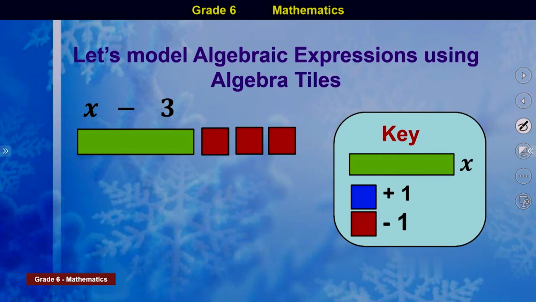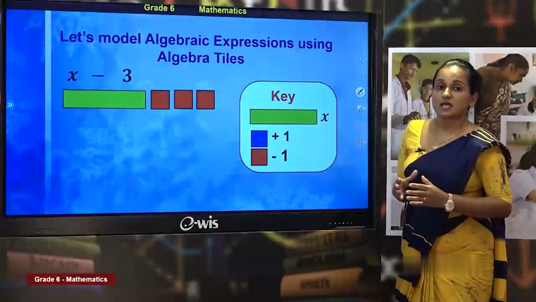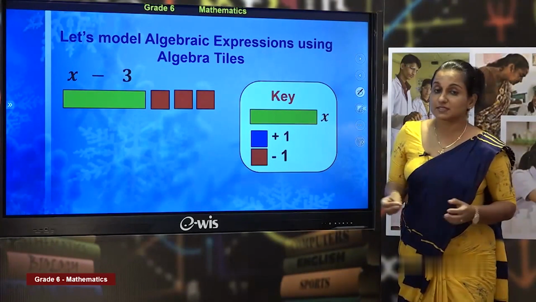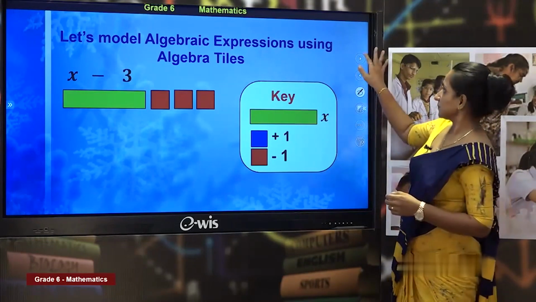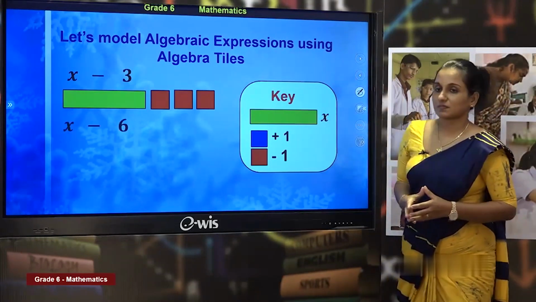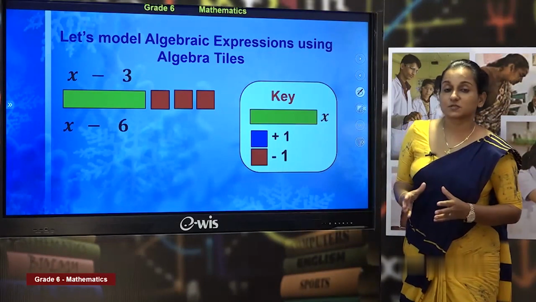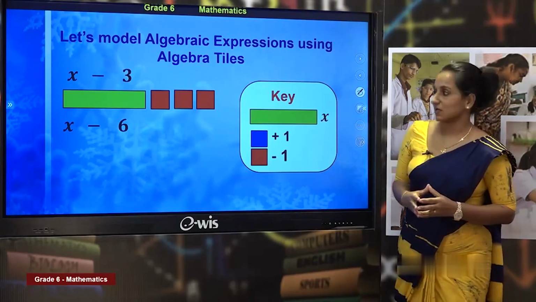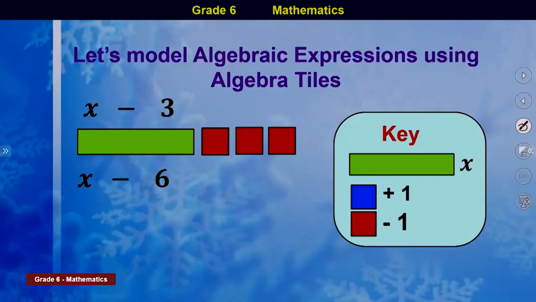Now see whether you can model the next algebraic expression. Here I have x minus 6. Can you do this? I want to represent x. I can use a green rectangle for x.